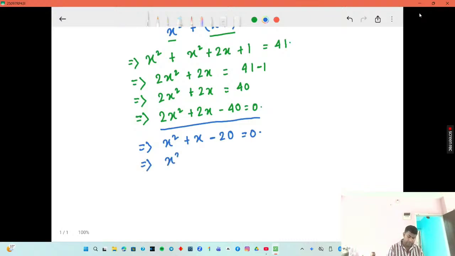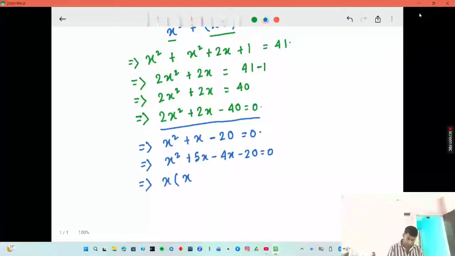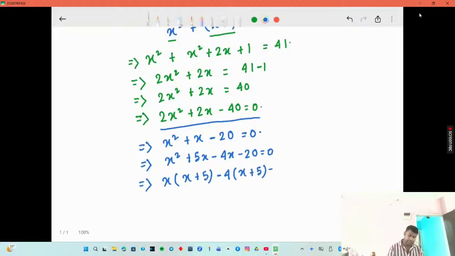So x square plus 5x minus 4x minus 20 is equal to 0. So x plus 5 into x minus 4 is equal to 0.